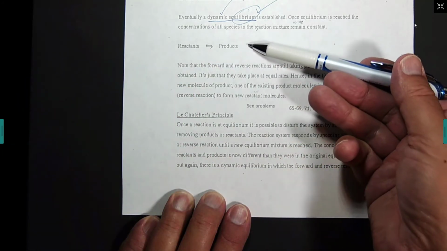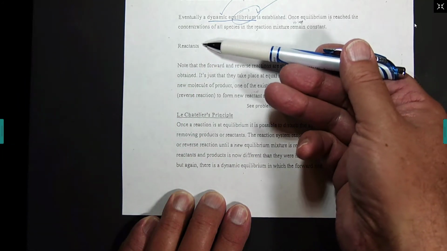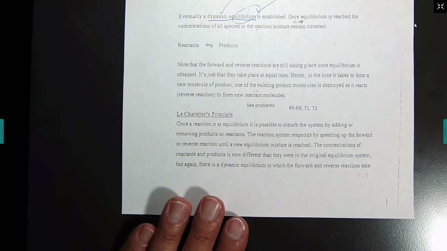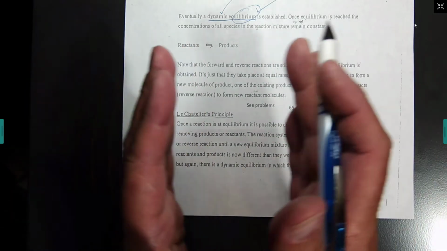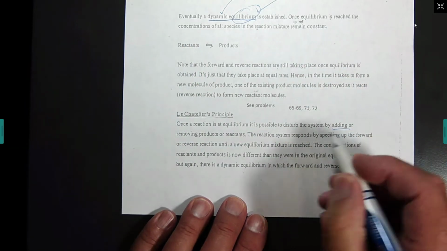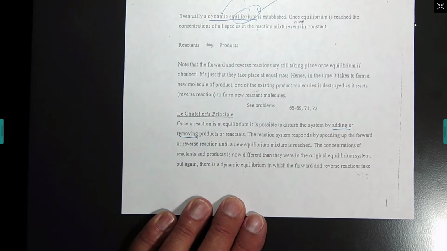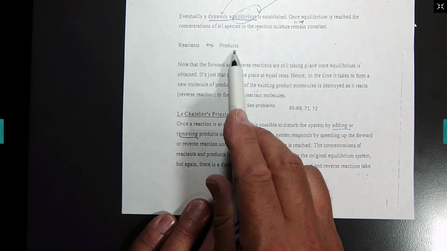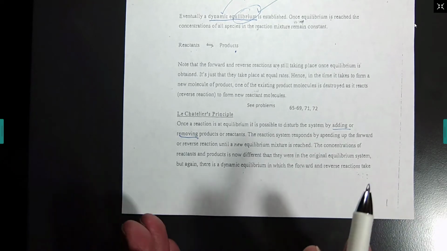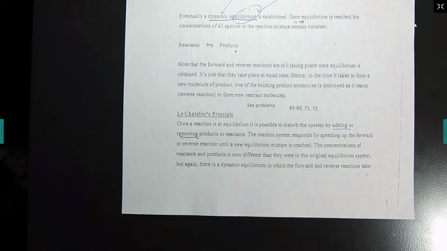Or you can force the reverse reaction to dominate, and you'll start making more starting materials. So you can take the system that's at equilibrium and push it around a little bit. You can do that by either adding or removing stuff. You can add products, you can remove products, you can add reactants, you can remove reactants.